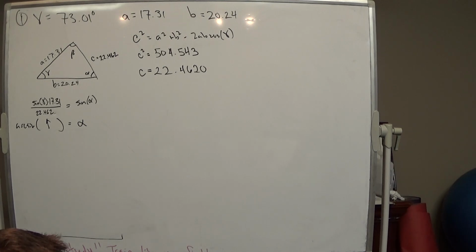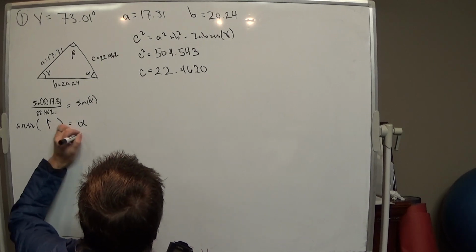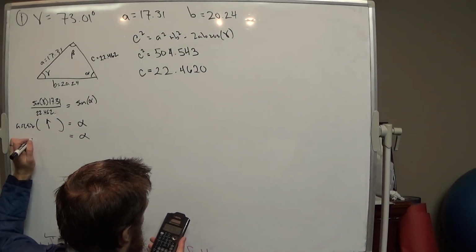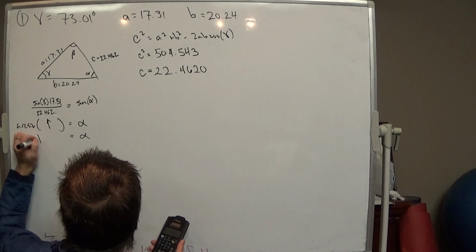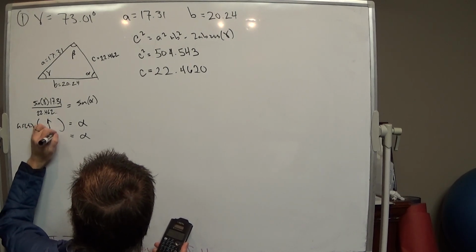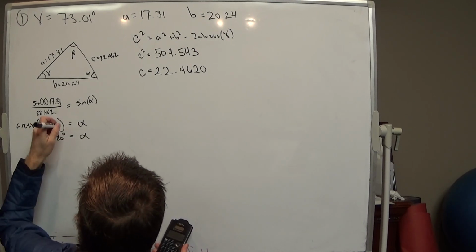Divide by the 22.46, which is in my calculator, so I'm going up, end parentheses, and I get alpha is equal to 47.476 degrees. So there's my alpha.